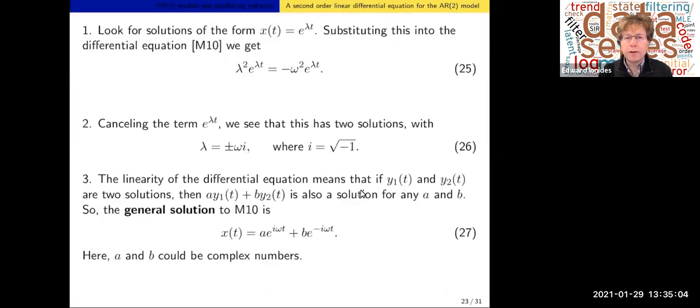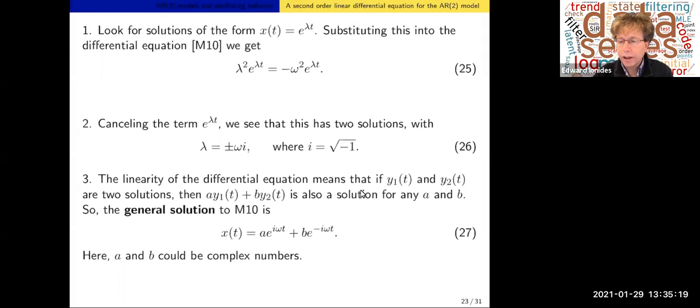Okay, so we want to solve this second order differential equation for simple harmonic motion. And the trick is to look for solutions of the form x of t is e to the lambda t.